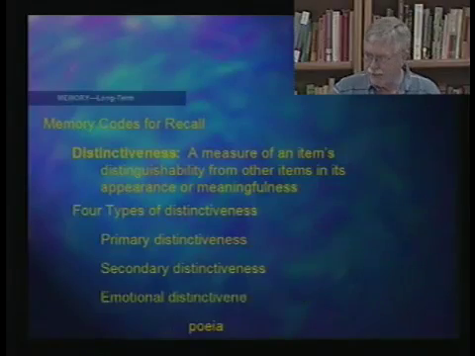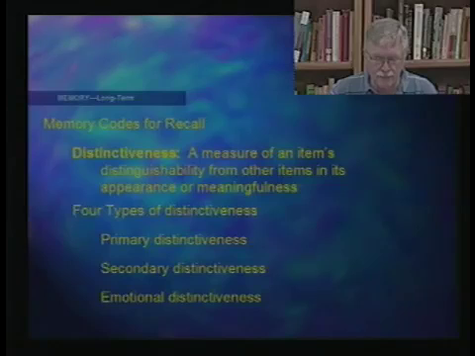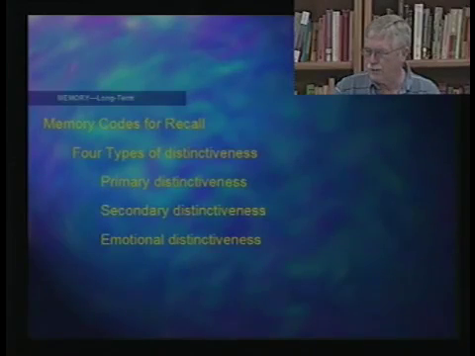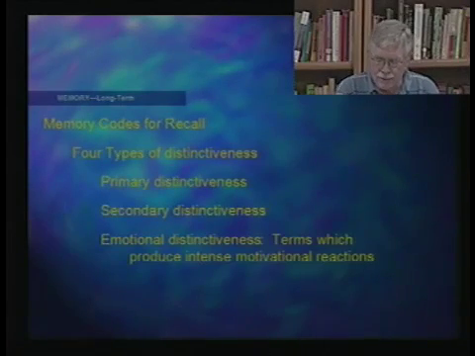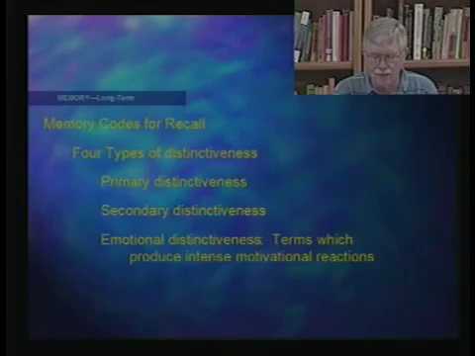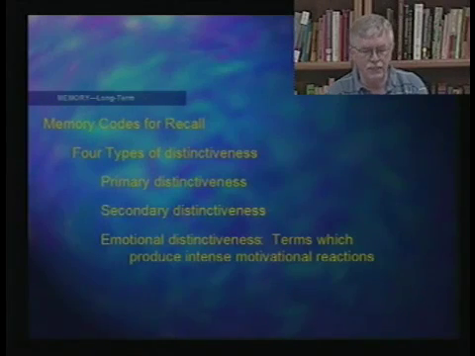Okay, third type of distinctiveness involves what is called emotional distinctiveness. And here what we're going to do is to define that essentially as terms which produce intense motivational reactions. Okay? Any term which produces intense motivational reactions.